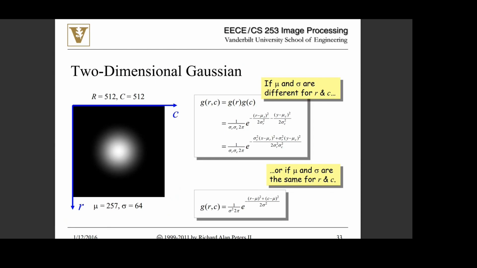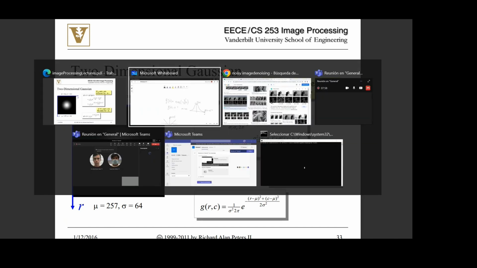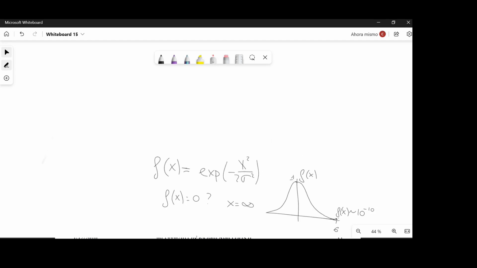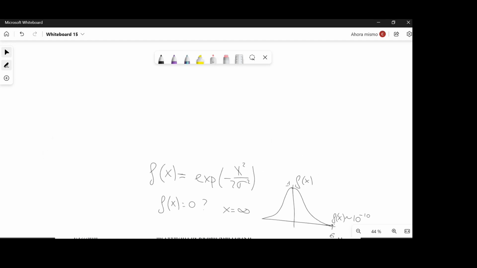How does a two-dimensional Gaussian look like? It is the product of two Gaussians. Okay, so this is the formula for the one-dimensional Gaussian. Let us write the full formula for the one-dimensional Gaussian.